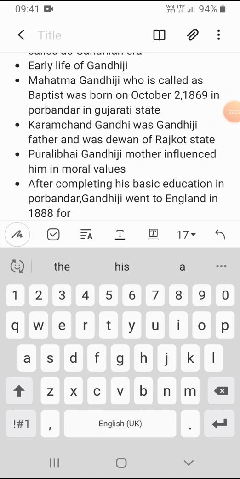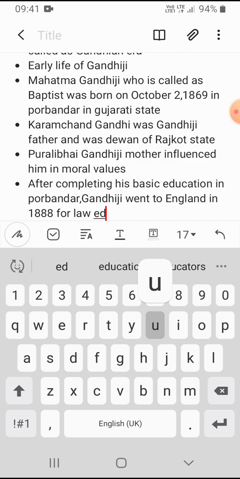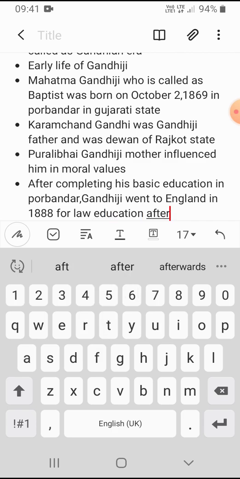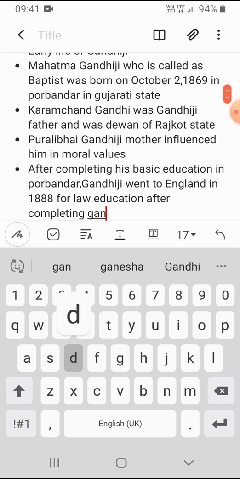After completing it, Gandhiji came back to India.